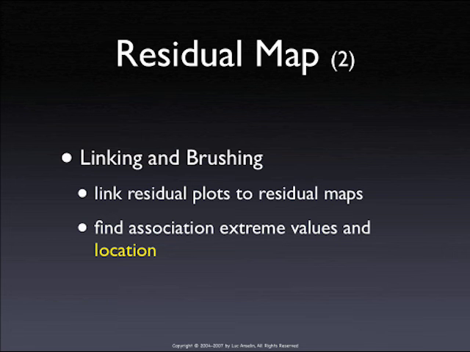Could you say something about doing LISA tests on residuals? LISA tests are inappropriate in a strict sense on residuals, because the inference for them, at least in their implementation in GeoDa, is based on permutation.